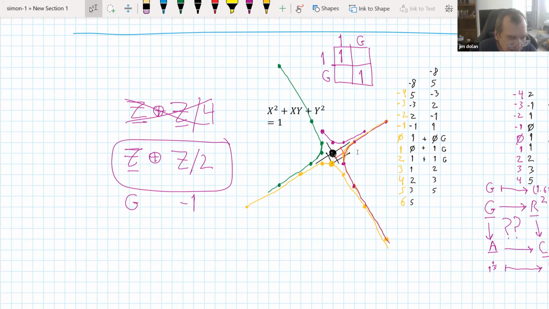But then what happens when you start taking negative powers of the golden ratio? They go into some other quadrants or something like that. Yeah, so you have -1 plus g. So that's the green dot.